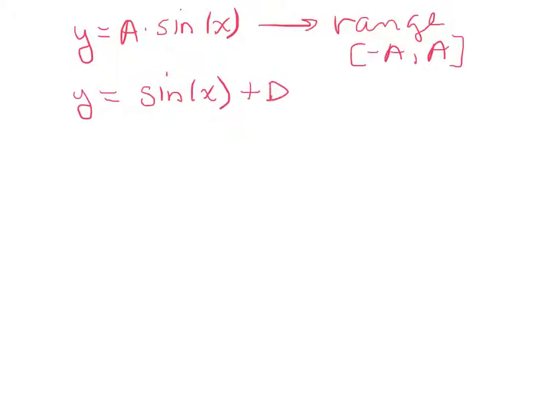And again, you should remember from previous math courses that this is a vertical shift. In other words, it takes the whole graph either up or down, depending upon the sign of d. So we'll just understand this by looking at a couple of graphs.